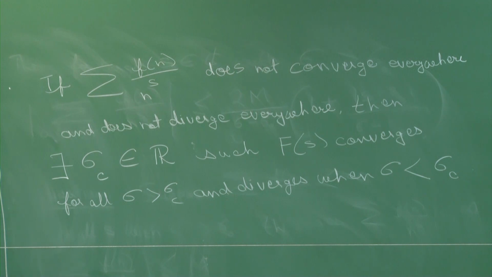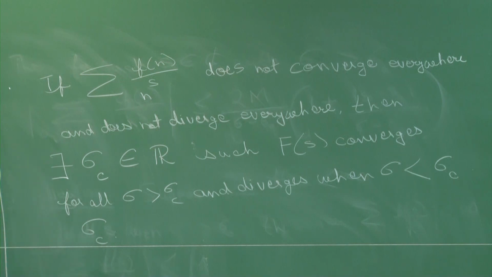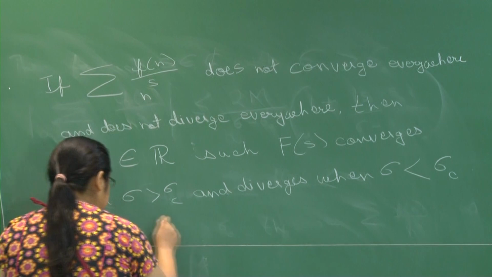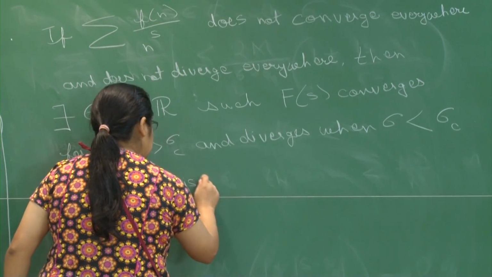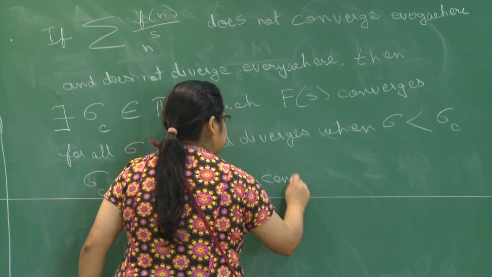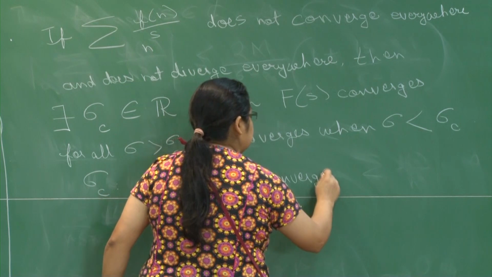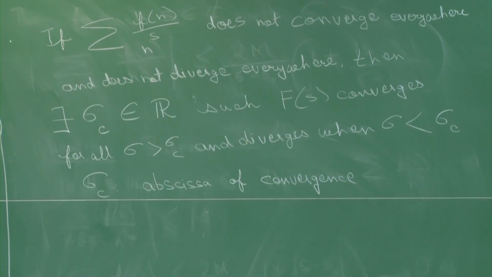With this, the sigma sub c we call, just like we had sigma sub a, which was the abscissa of absolute convergence, this is called the abscissa of convergence.